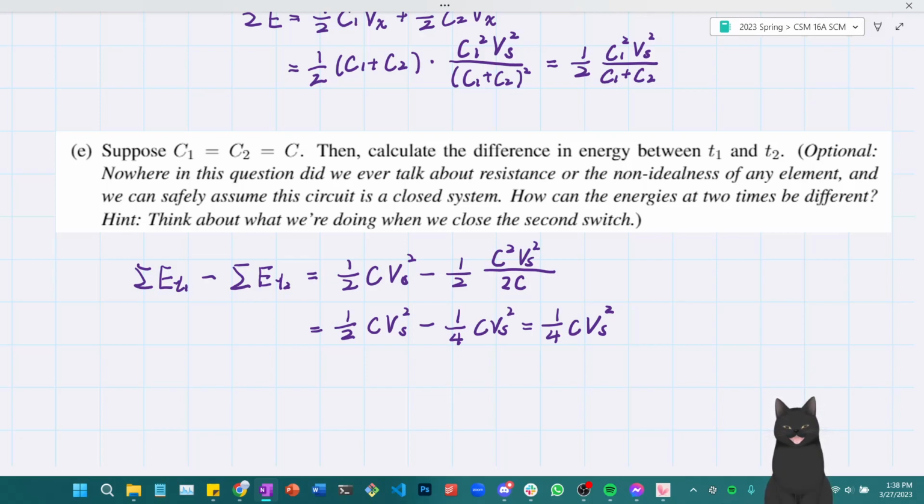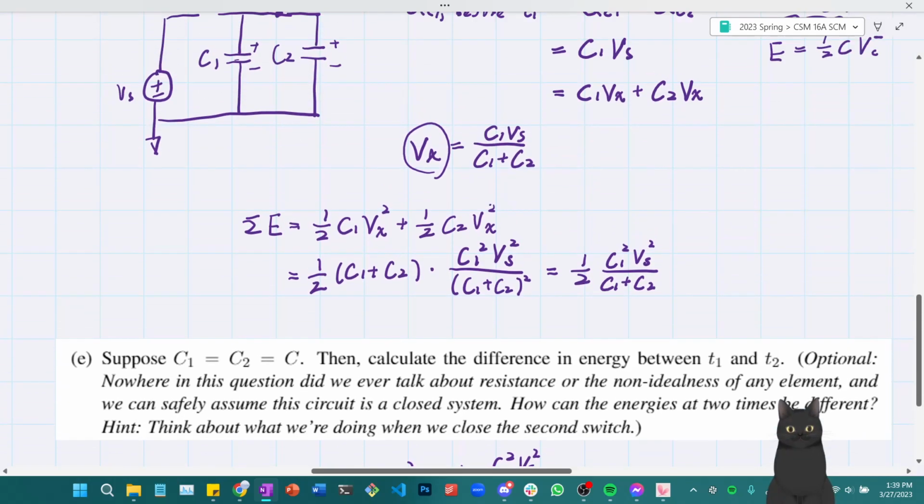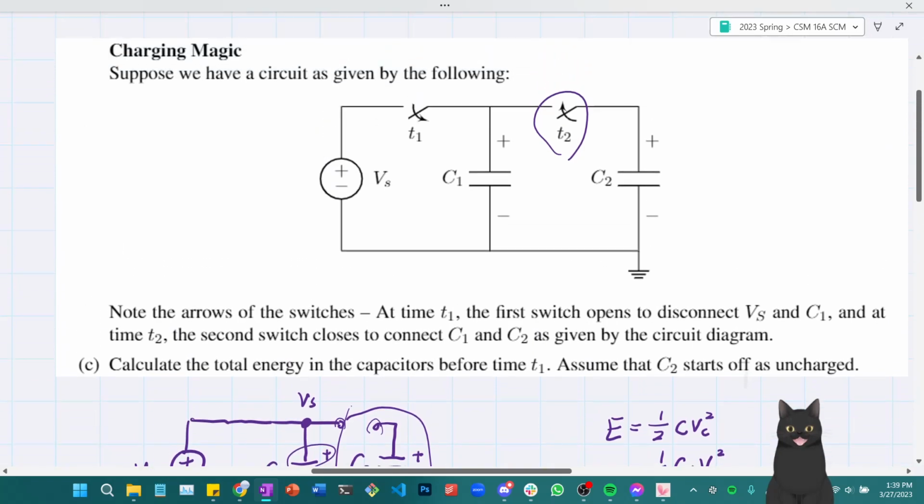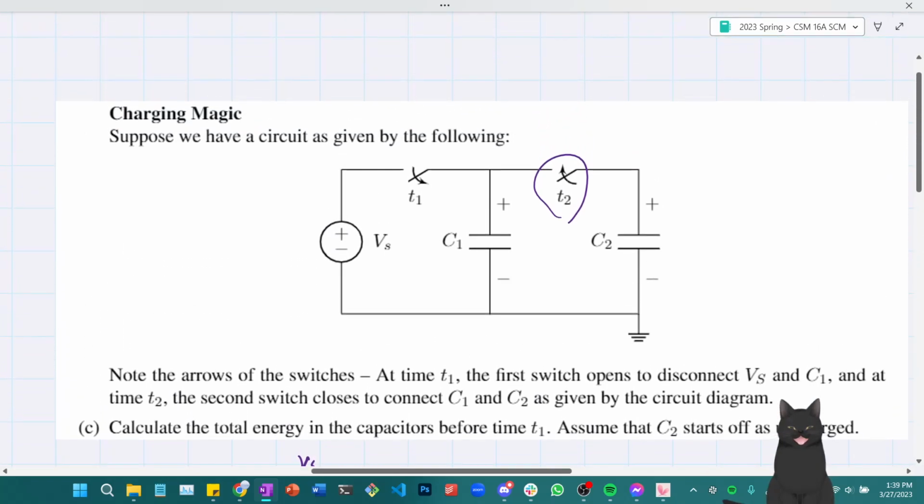Well, for energy to be conserved, first of all, there must not be anywhere that the energy can be converted or lost in between the tapping of the switch process. But here's a slightly out of scope thing from within 16A, which is that when we're tapping the switch between these circuits, it is not immediate that we have the charges instantly shared across the capacitors, and for charges to flow from one part to the other, we need a current to flow between these two capacitors.